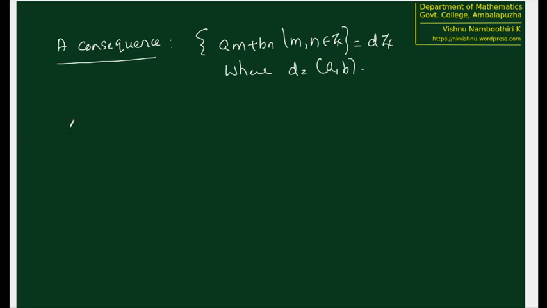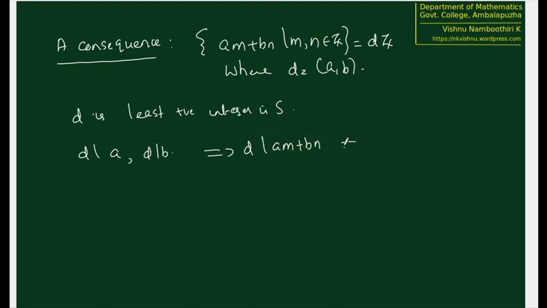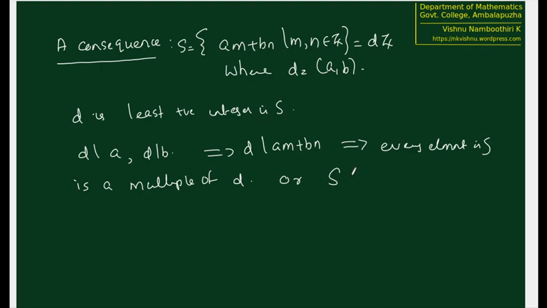This can be seen easily. We have seen that D is the least positive integer in S. And not only that, D is the GCD, so D divides A and D divides B. Therefore, D divides Am plus Bn, which implies that every element in S is a multiple of D, or in other words, it is in DZ, or S is a subset of DZ.